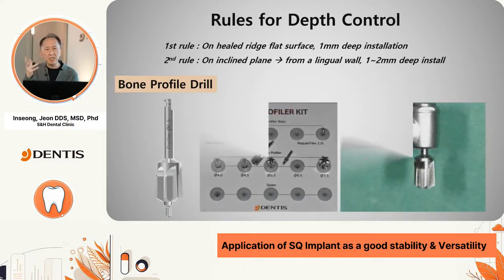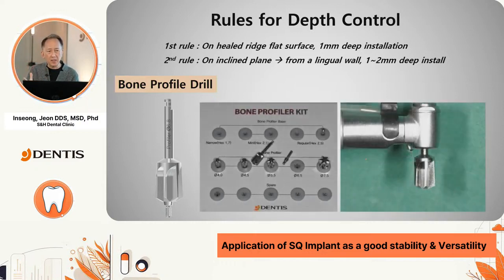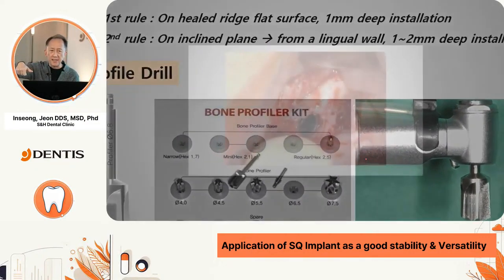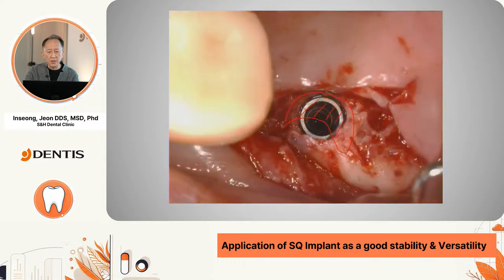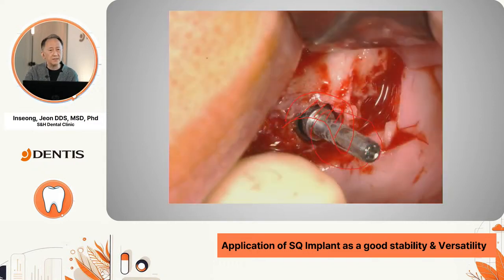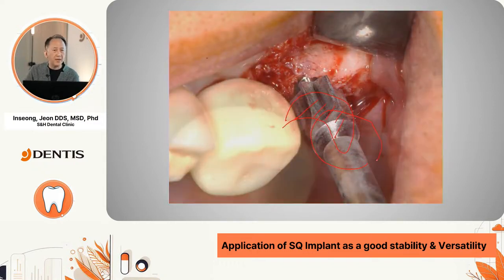So for easy depth control with this Dentist implant, we have a bone profile drill. Initially the guiding drill, and then profiling here. This is where the marginal bone is, and we have to remove this marginal bone. So initially, in this area, guiding pin insertion, and then this is the bone profile drilling.